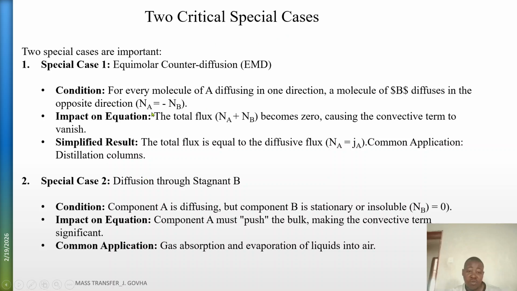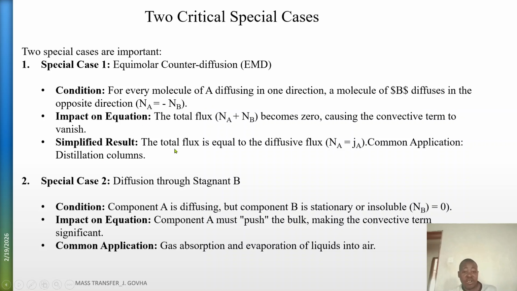So here we've got N_A equals minus N_B. What does this mean? It means that the total flux N_A plus N_B becomes 0, causing the convective term to vanish from that equation.